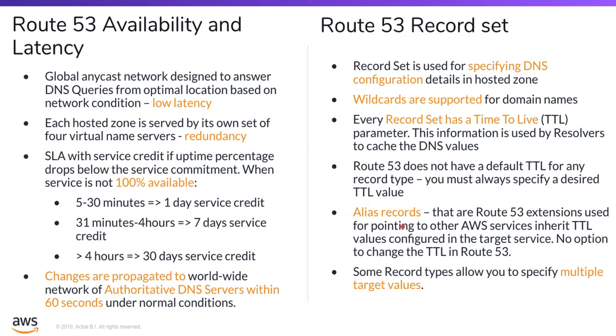If you are using an alias record set, then the time to live is inherited from the service that is configured. Let's say we are using an alias record and we are configuring it with an elastic load balancer, then the time to live is inherited from the elastic load balancer. Some record types allow you to specify multiple target values as well, which means that you could set multiple IP addresses for one single record set.